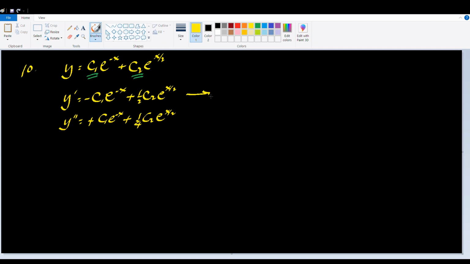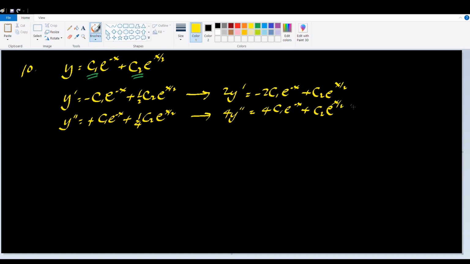So let us multiply everything by 2. 2y prime equals negative 2 c1 e to the minus x plus c2 e to the x over 2, just to get rid of the fraction. So for the second one, it becomes 4y double prime equal to 4c1 e to the minus x plus c2 e to the x over 2.